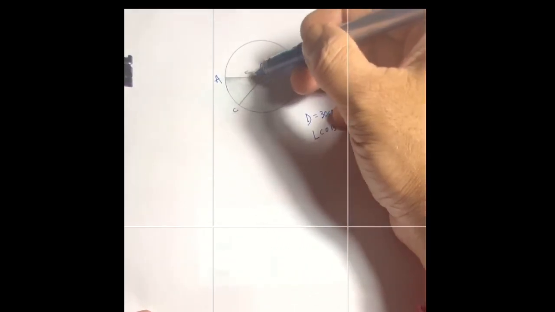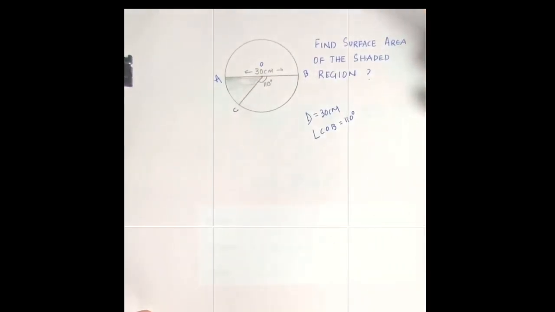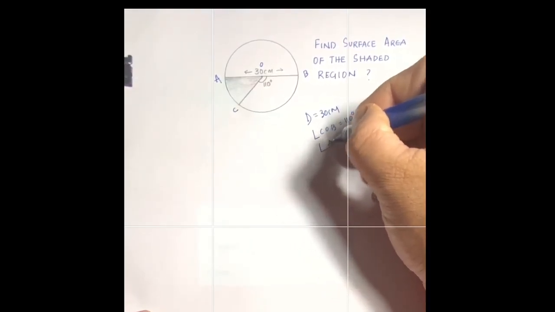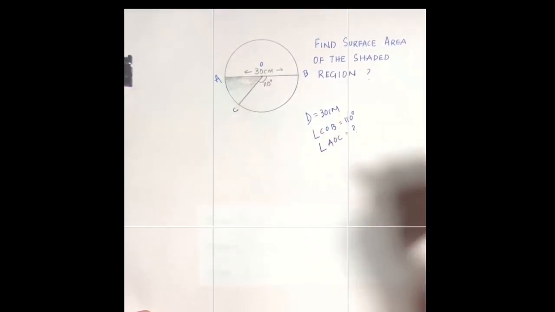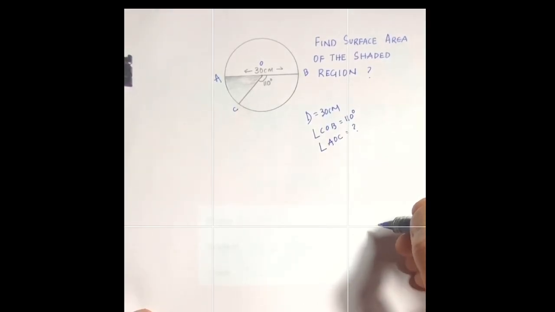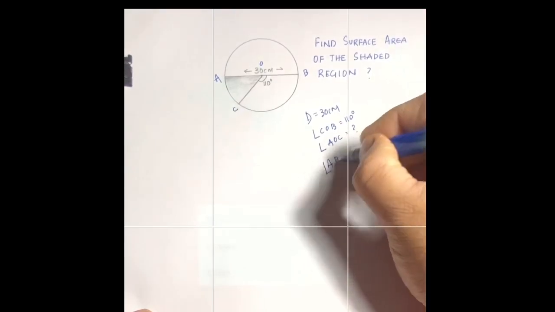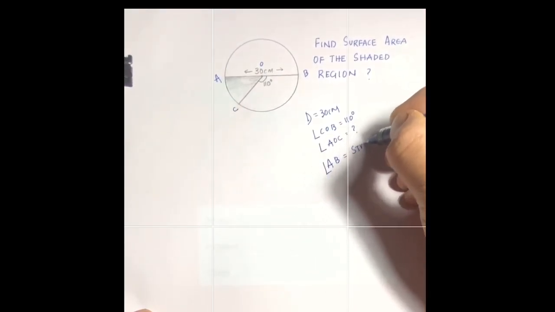But we have to find out the surface area of this shaded region. So first of all, we have to find out the angle AOC. We do not know what is the angle AOC. This is simple. A and B is a straight angle, right?